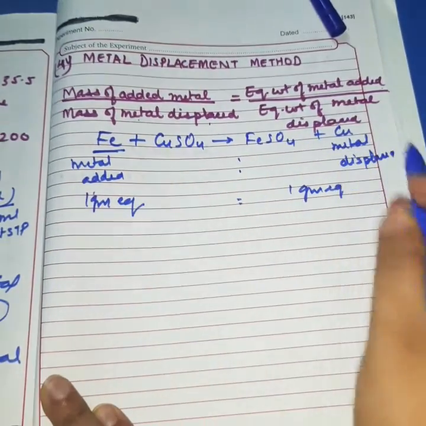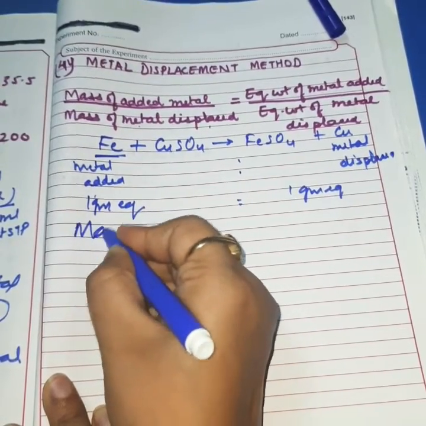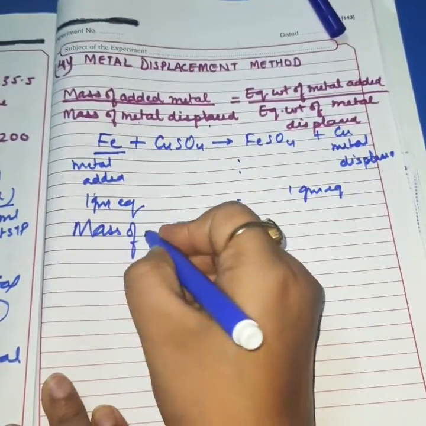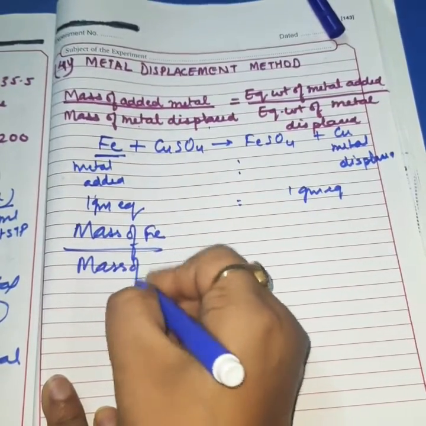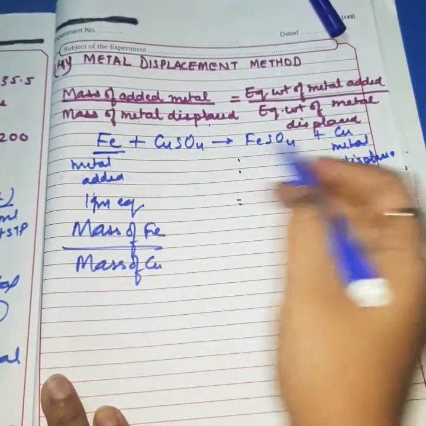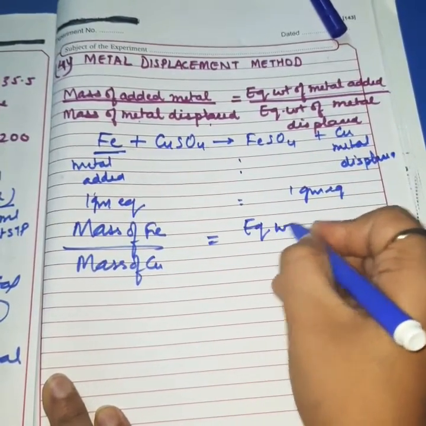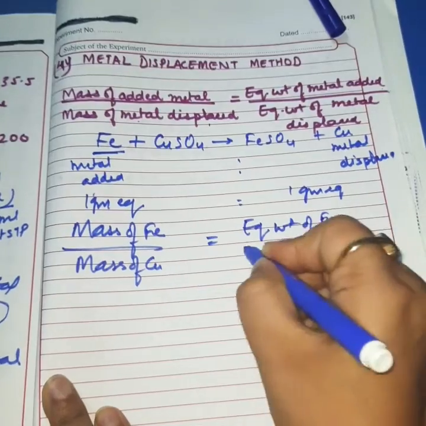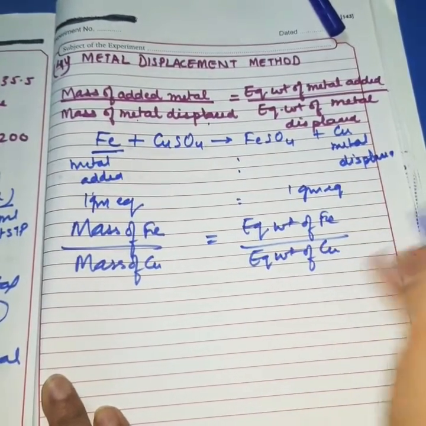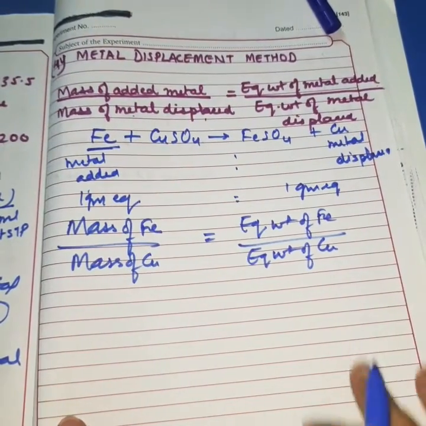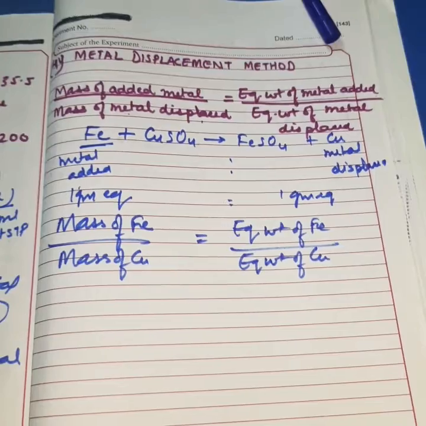So if I apply this formula on this equation, I can say mass of Fe upon mass of copper, because Fe is metal added and copper is metal displaced, will be equal to equivalent weight of Fe upon equivalent weight of copper. Alright, so this way we can apply the method onto such kind of reactions.